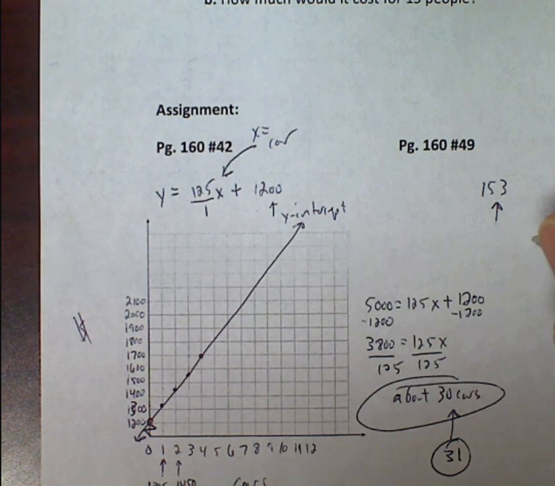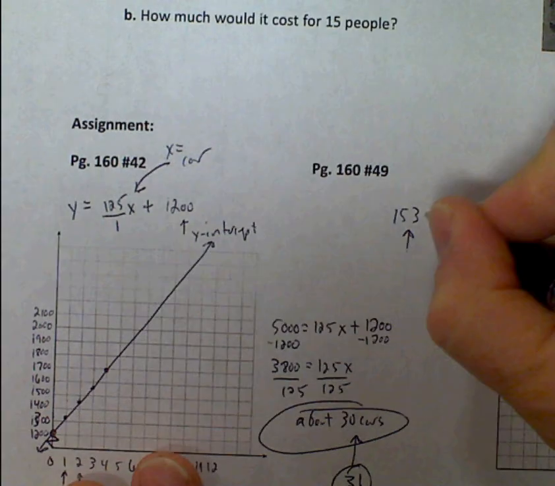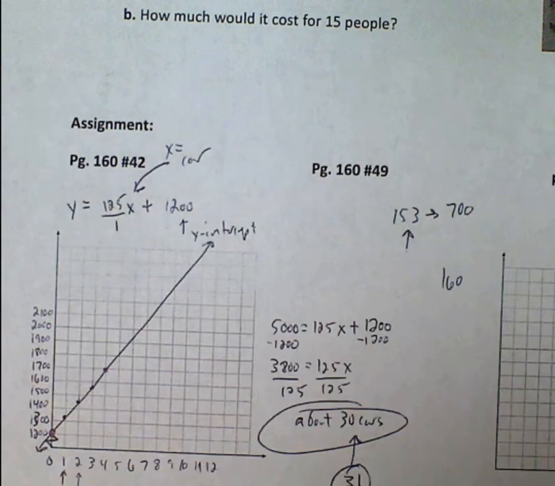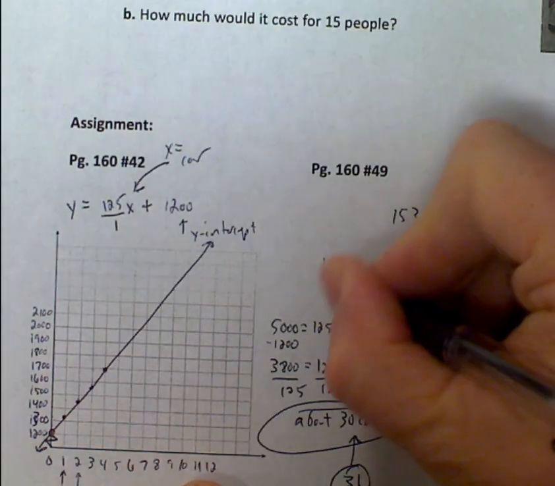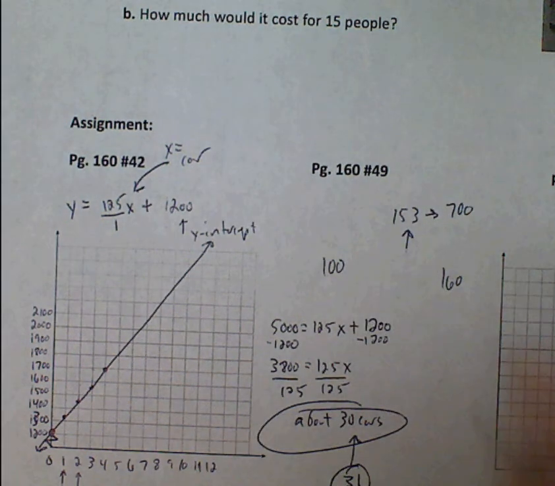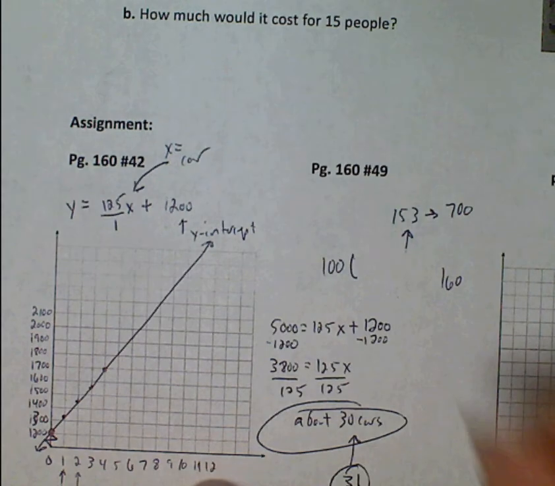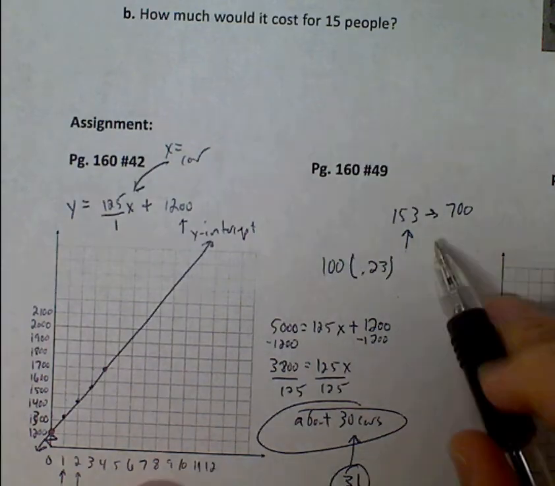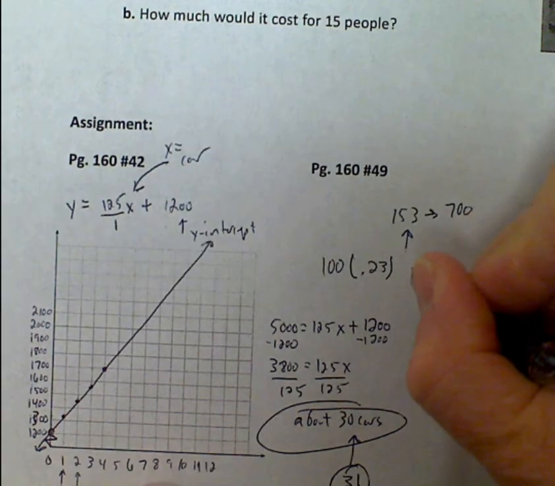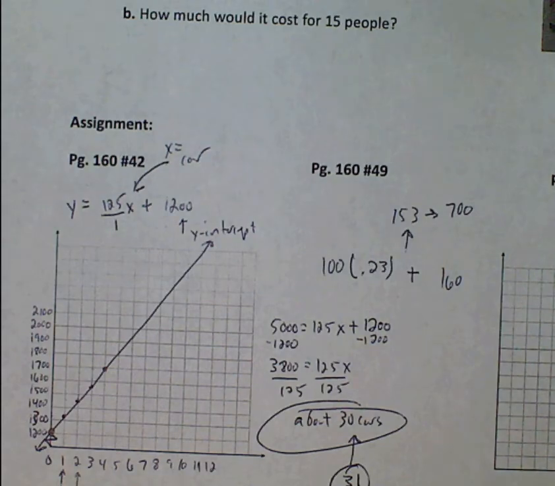I have 160 to spend. 153 is for 700 miles, but I need to go 800 miles, which means how many miles do I have left? I have 100 miles left. I'm going to have to multiply this by 23 cents because I'm going to have to pay that for every single mile. Then I have to add the 160 that I actually owe.